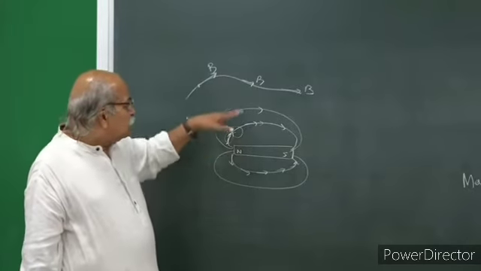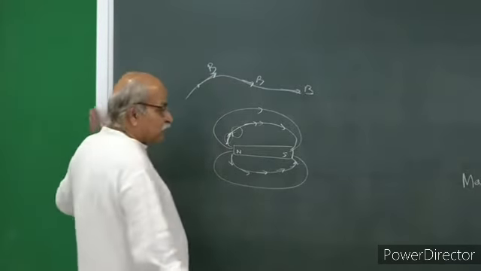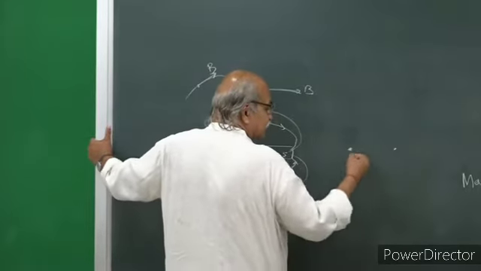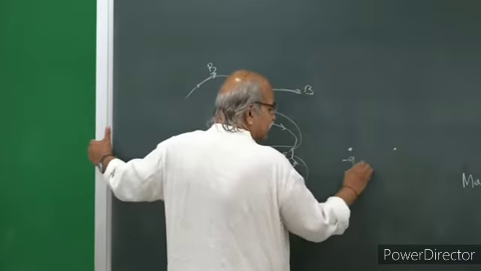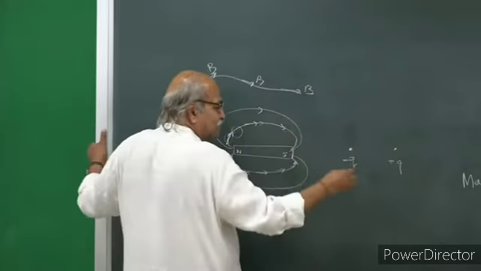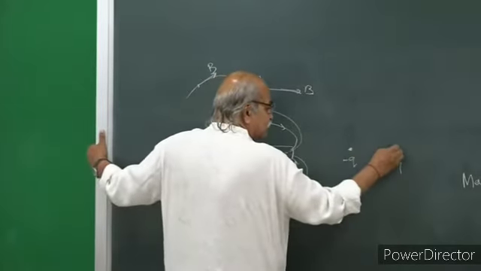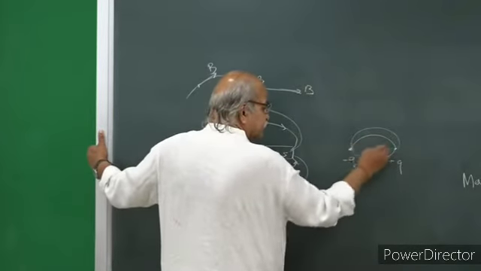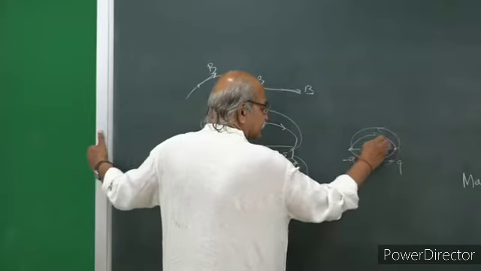An electric field also you must have at least studied, if not drawn experimentally. It is more difficult: minus q, plus q, or any charge distribution, and then the field lines are like this.